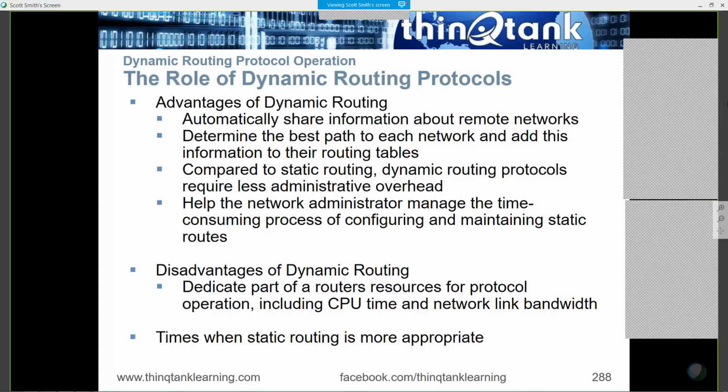Why is it important to identify stub networks? Well, when you have a stub network, if there's only one way in and one way out, static routing is probably one of your better options because all routes are going to go to one destination as opposed to having multiple paths. Your home network is a stub network. Most people's home networks are stub networks, meaning that you only have one way to get to the internet.